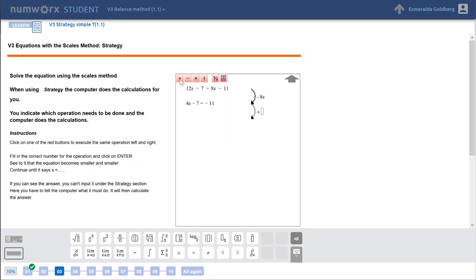So I press the plus button, I type in 7, enter, and I get 4x equals minus 4. So 4 times x equals minus 4. The last step is always to divide by whatever you have in front of x. So if I have 4 bags of marbles like here, I divide by 4. And the solution of this equation is x equals minus 1.